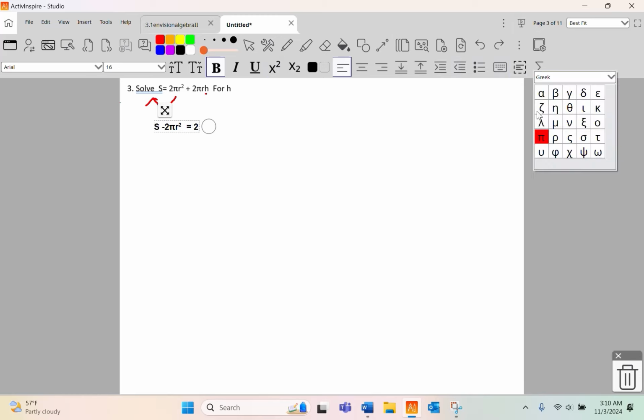Now, 2 pi R is attached to H through multiplication. And the opposite of multiplication is division. So divide it out. It's really that hard. Some of y'all just have not figured out the common sense of mathematics.